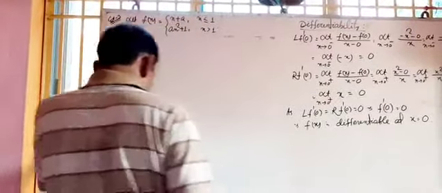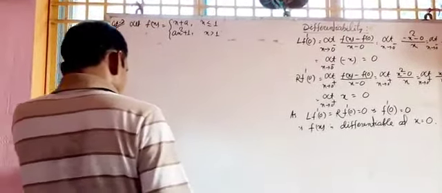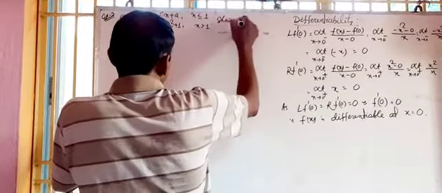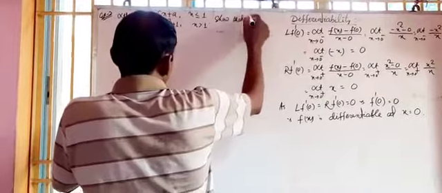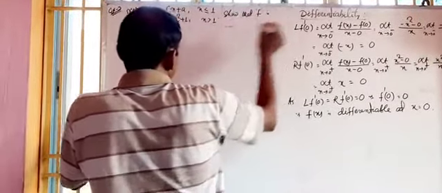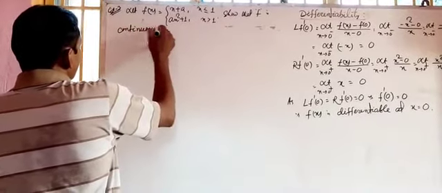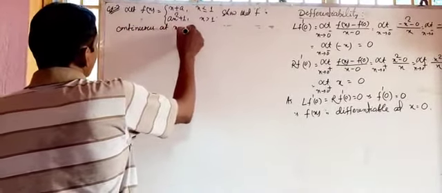Find a so that f is continuous at x equal to 1.